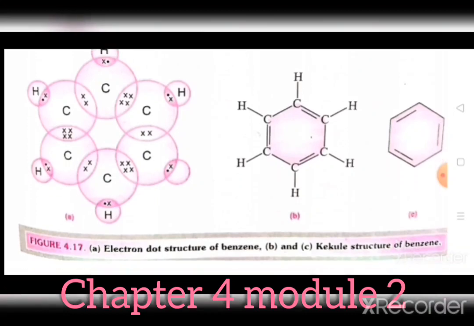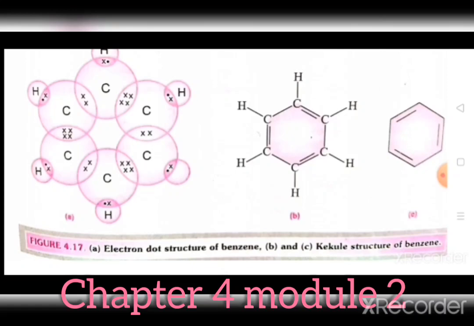So here the resonating structure, Kekulé structure, it is written. Actually the scientist who discovered this structure, or who gave the structure of benzene, is Kekulé. So after his name, this is Kekulé structure shown in diagram B. And diagram C is also of benzene.